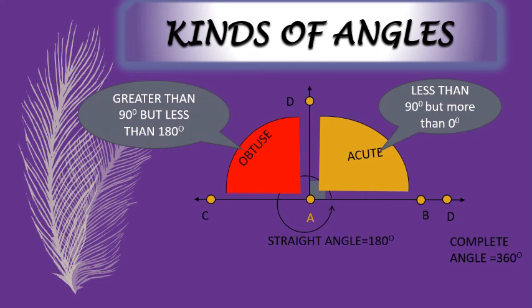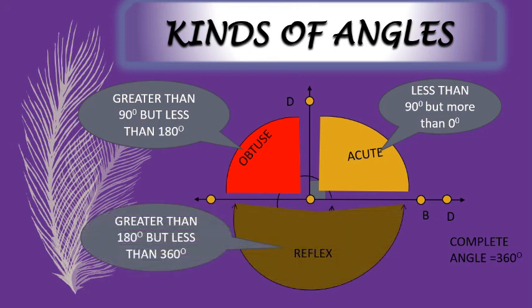Obtuse angle is greater than 90 degree but less than 180 degree, and any angle which lies between 180 and 360 should be a reflex angle. Reflex angles are the angles which are greater than 180 degree but less than 360 degree.